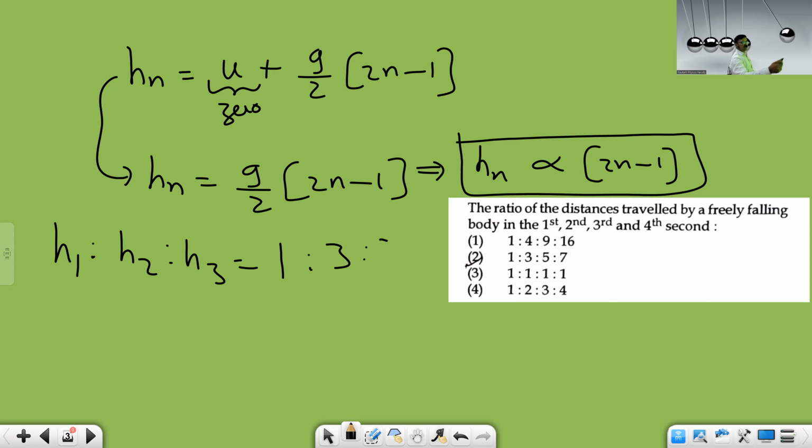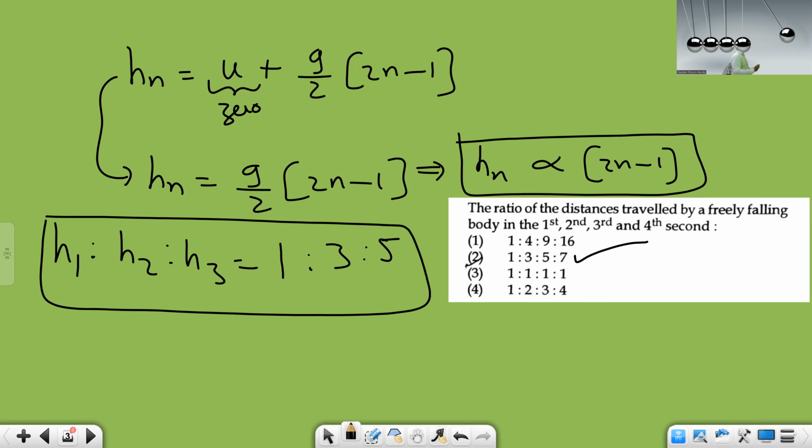H3 means 5. Similarly, we can write 1 is to 3 is to 5 is to 7, and it goes on. So my option is number 2. This is the basic question which came in the 2022 NEET paper, a conceptual question, and we got the answer as 1 is to 3 is to 5.